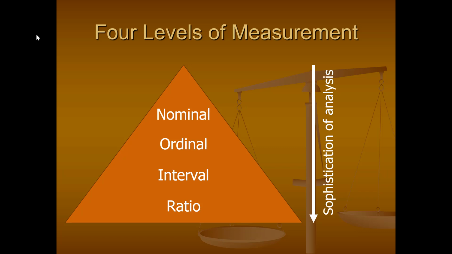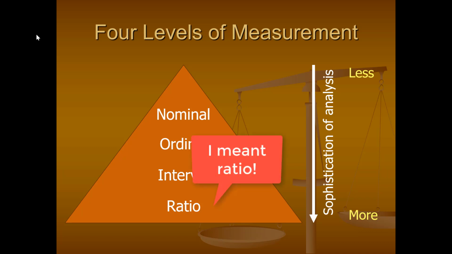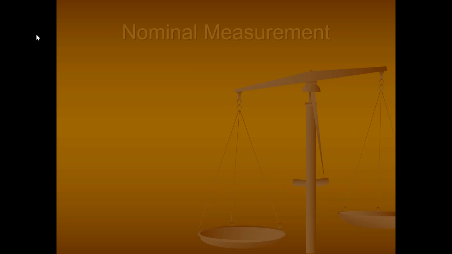I used a triangle to represent the 4 levels because the base is much bigger than the tip of the triangle. So there are fewer types of analyses that we can do with nominal variables than we can do with ratio. Pretty much we can do anything with a ratio variable. And depending on which level we're at in between nominal and interval, there are certain other analyses that can and cannot be done. So let's talk about nominal measurement.